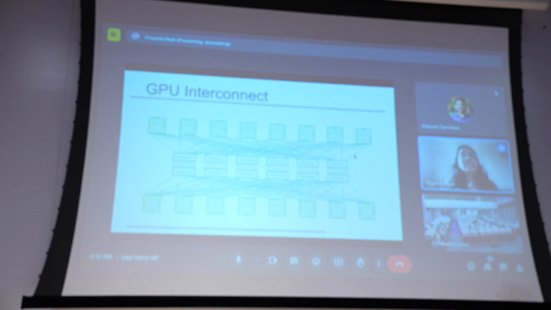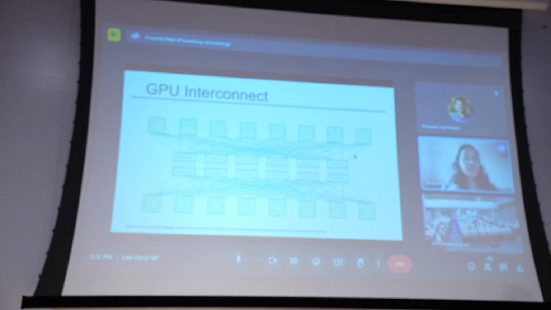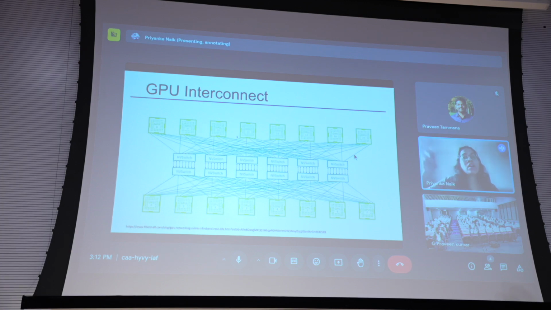But then it was seen that just having peer-to-peer communication won't always help, because it would require you to have a peer-to-peer connection with each of the GPUs, which is not always feasible, and that's where NVSwitches were introduced, which helped communication across multiple GPUs, right?